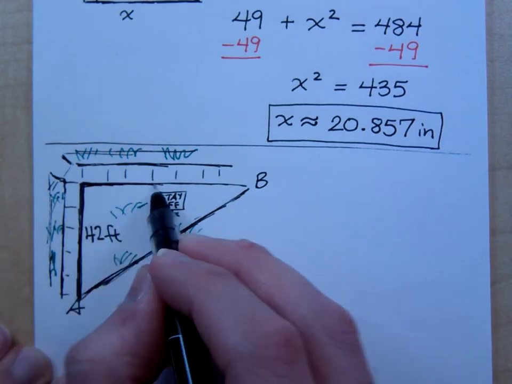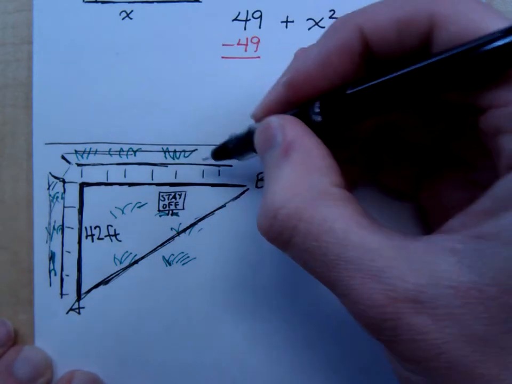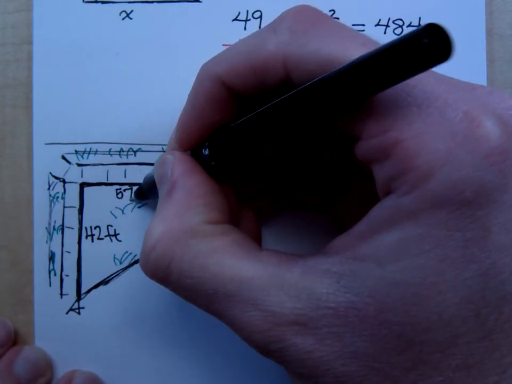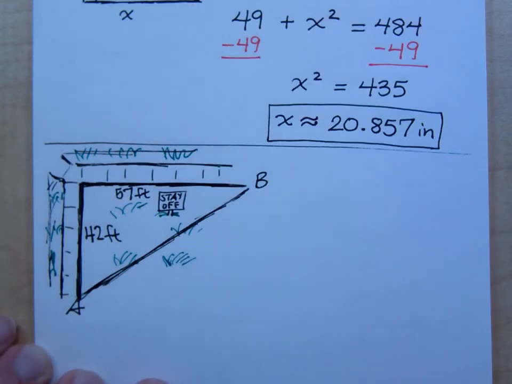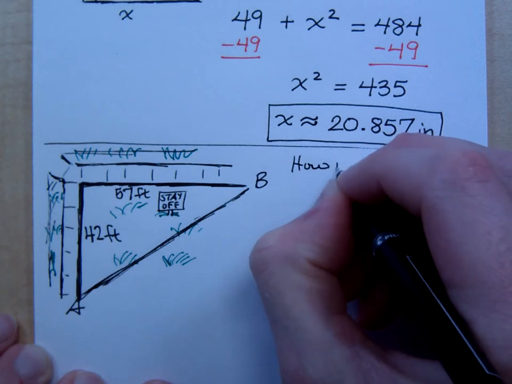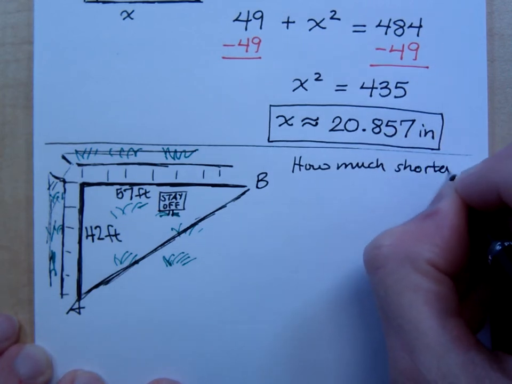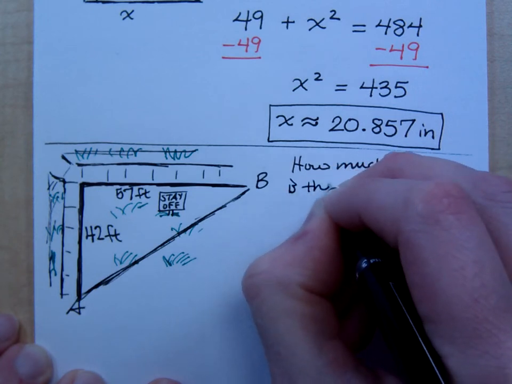And this distance right here is 57 feet. My question is, how much shorter is the shortcut?